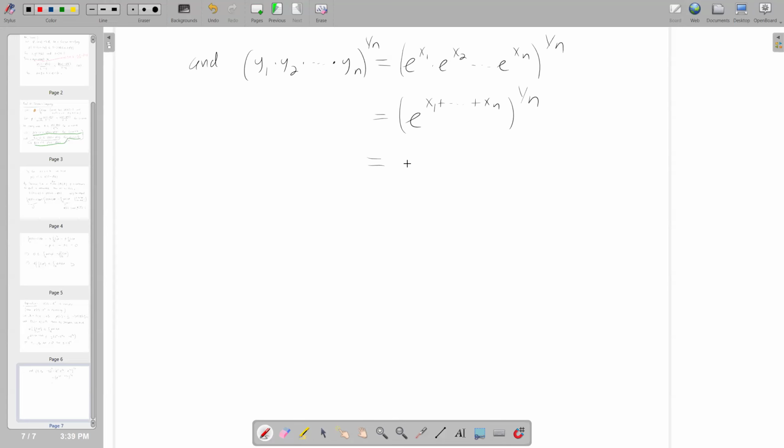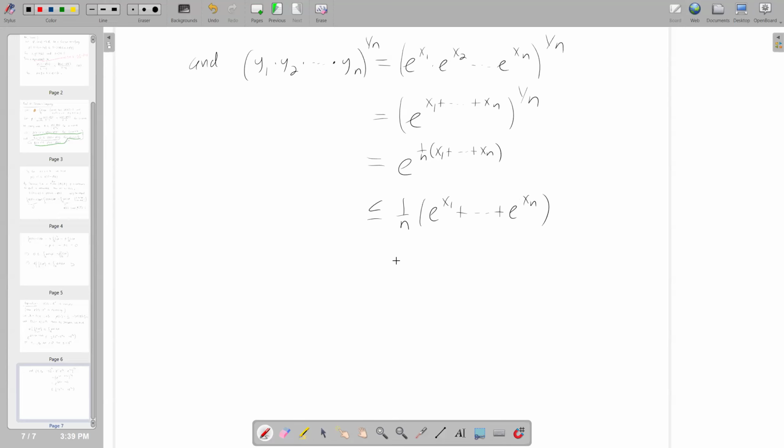Okay, that says this is e to the 1 over n times x1 plus out to xn. And we already had that. So that's less than or equal to 1 over n times the sum of the e's.